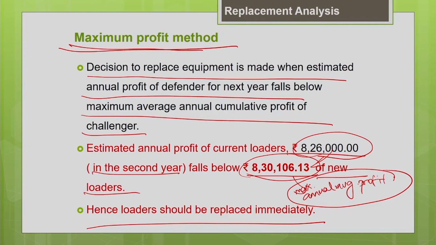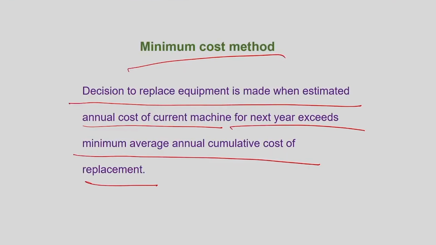In the minimum cost method, hope you remember how we made the decision. We compared the annual cost of the current machine for the next year with the minimum average annual cumulative cost of the replacement. If the annual cost of the current machine for the next year exceeds the minimum average annual cumulative cost of your proposed machine, then you have to replace.